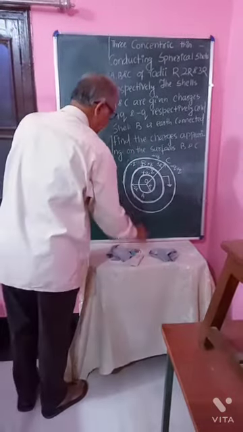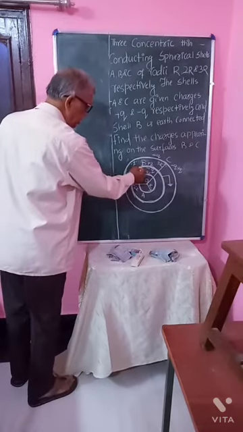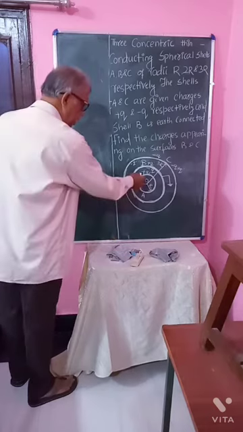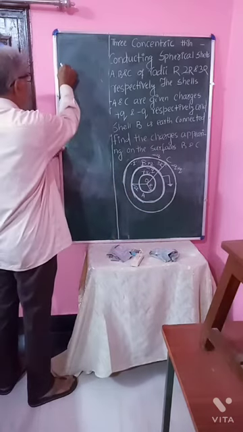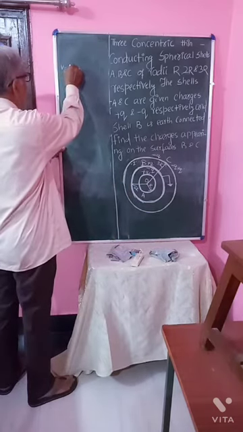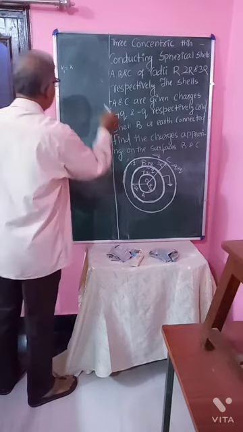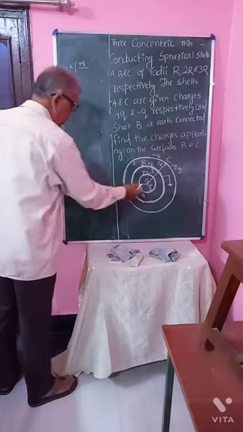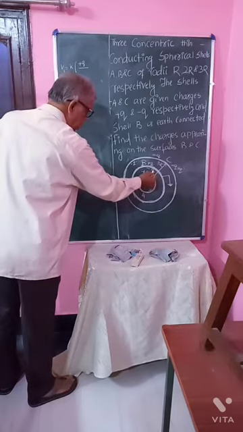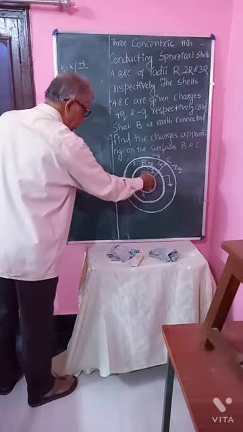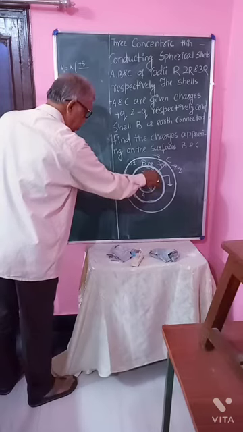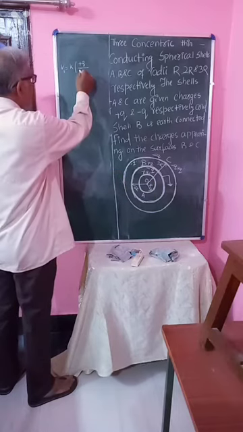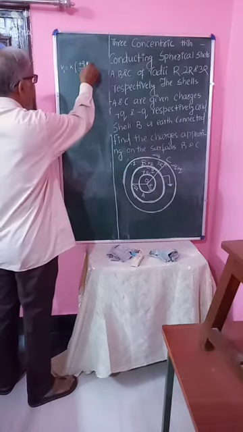The potential on the conductor B, shell B, due to the charge plus Q is, say, V1 equal to K, charge is plus Q, by distance is 2r, because for an external point the charge appears to be concentrated at the center. So it is KQ by 2r.